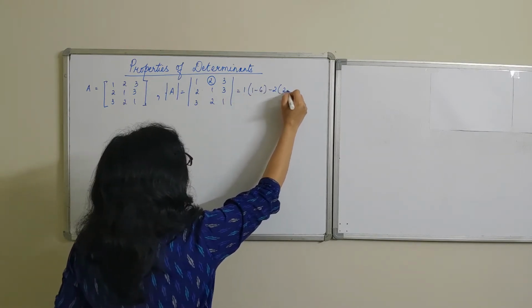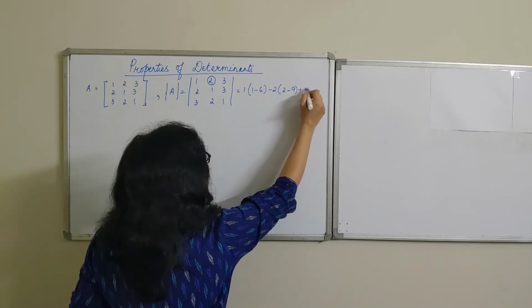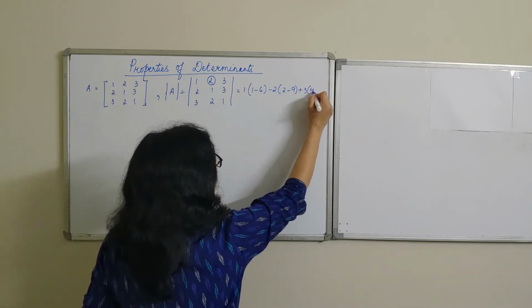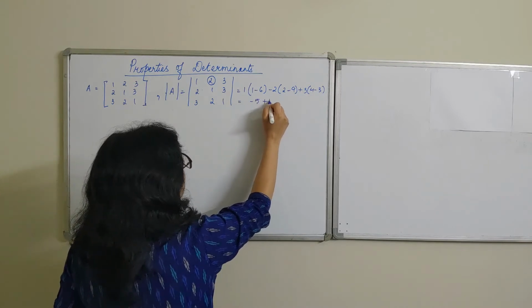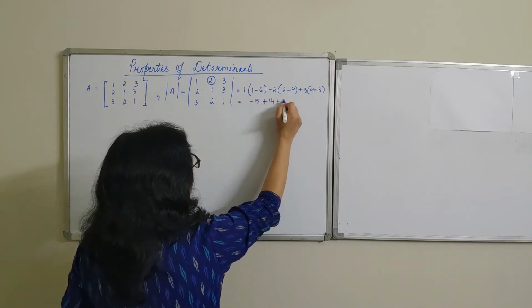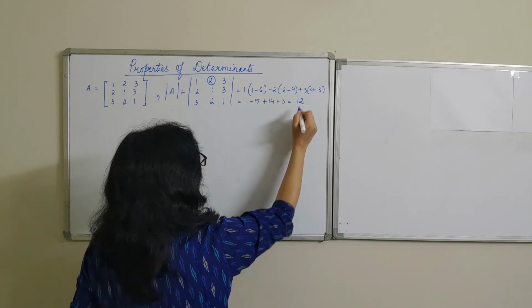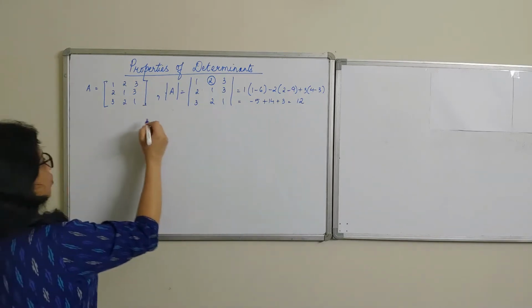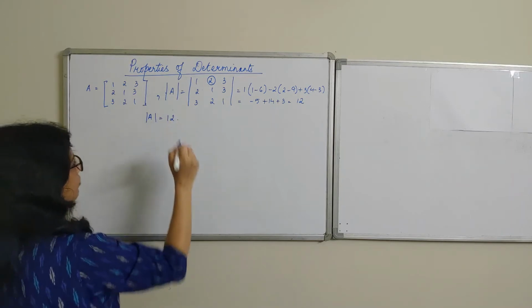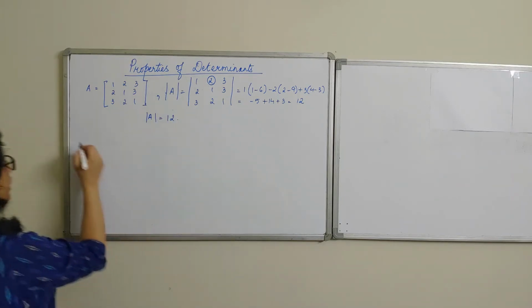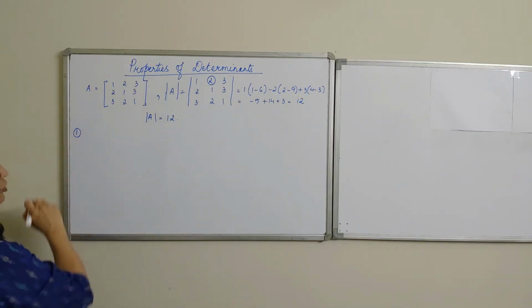Minus 2 into 2 minus 9 plus 3 into 4 minus 3 minus 5 plus 14 plus 3, which is equal to 12. So what we are getting here is determinant A is 12. This is the initial information we have. So let us start with the first property.